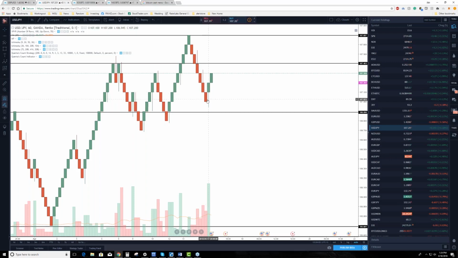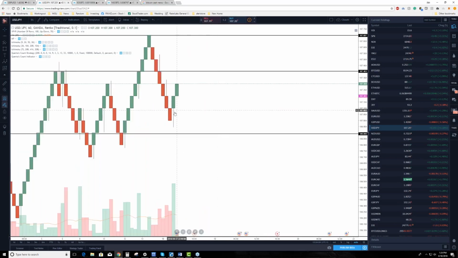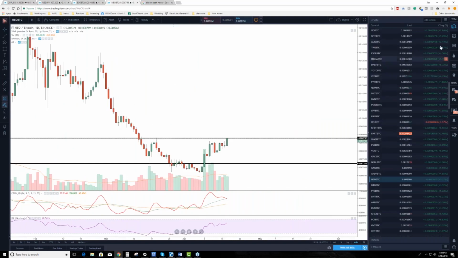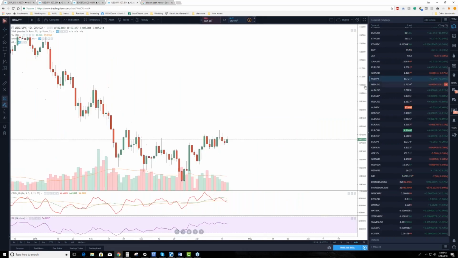And if you think about it, okay, so this entire price action between just these two Renko bricks looks the same as... Where are we at?